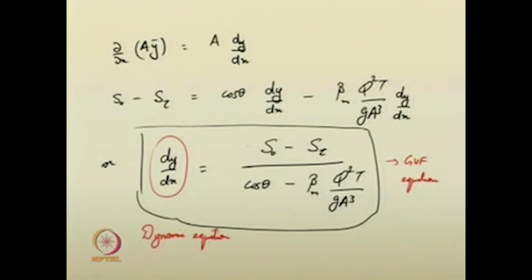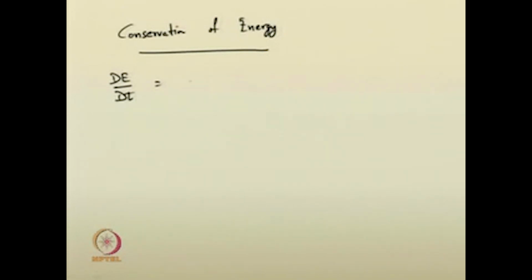We will see what happens if you use the conservation of energy. I am not going to go deep into this portion. Conservation of energy, if you use a control volume, I can write the equation now: dE by dt as dou by dou t of beta rho v dot n dA.